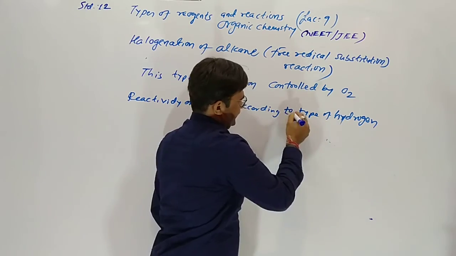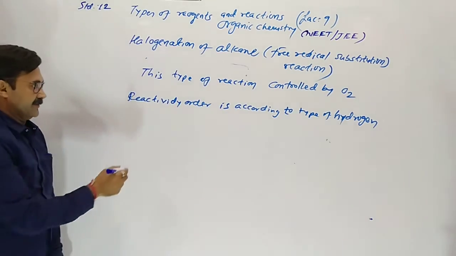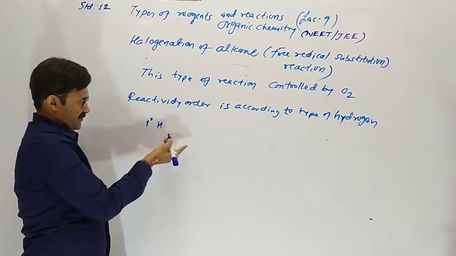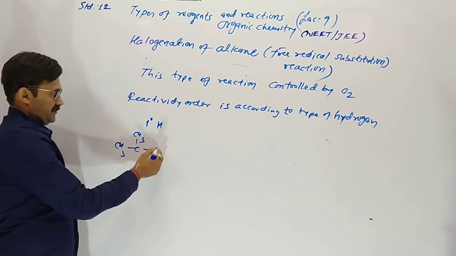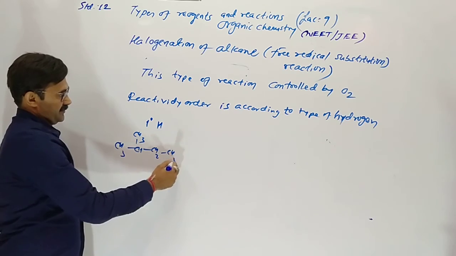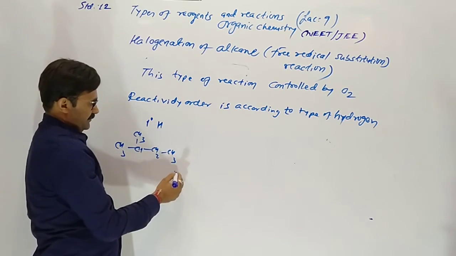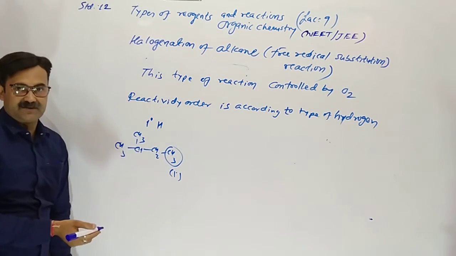Which type of hydrogen is taken on the basis of it? Primary hydrogen is the hydrogen connected with the primary carbon.